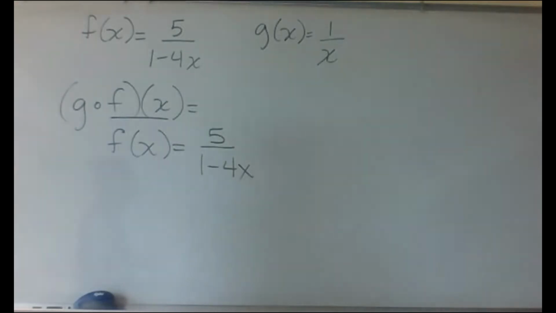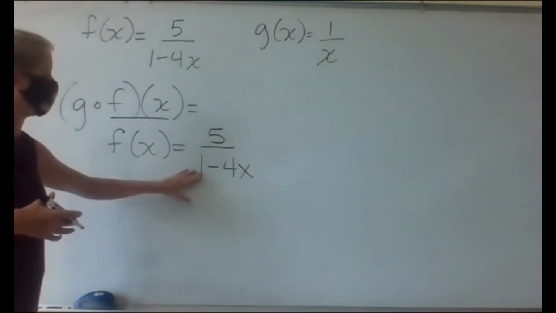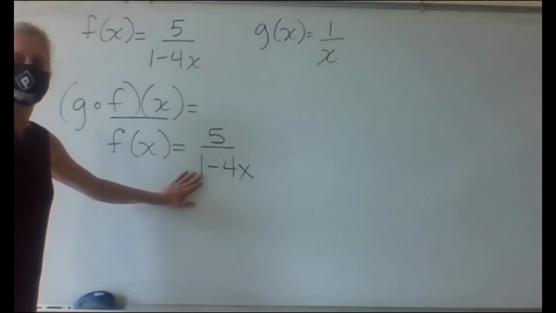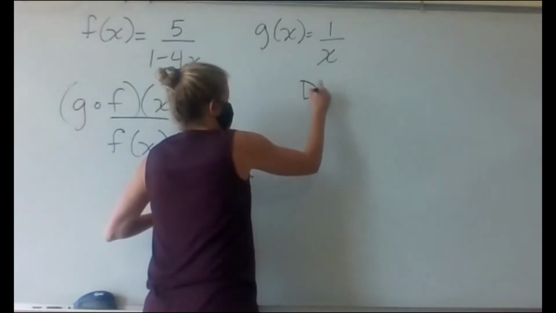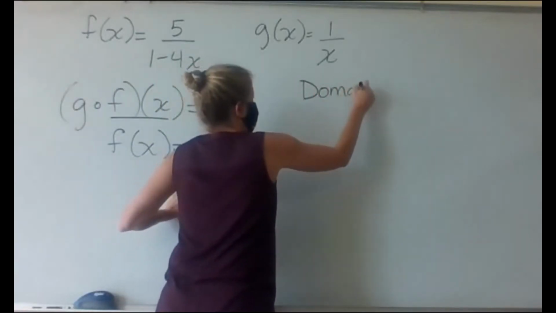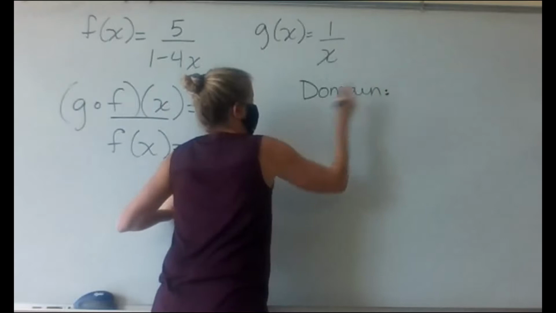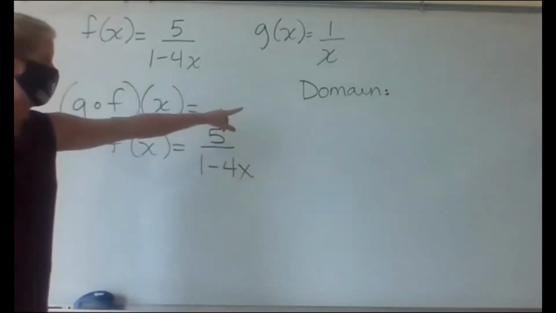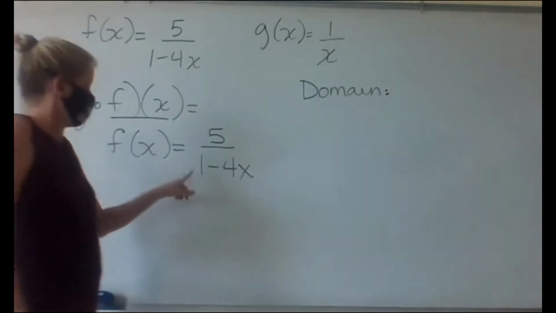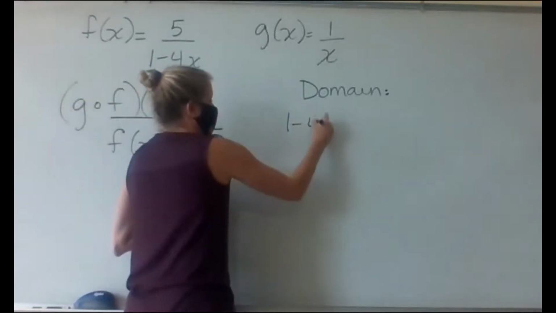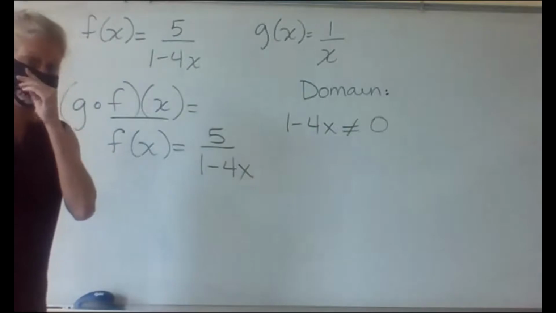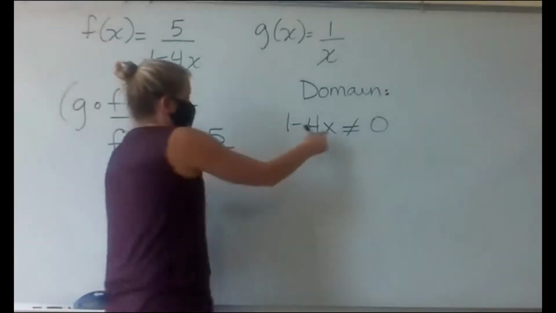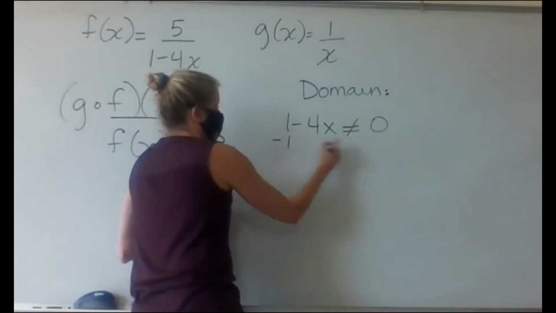Now remember, at this point, you pause, find in the composition and say, does this first part give me any restrictions? In other words, is there an x in the denominator? Yes. So let's keep track of our domain restrictions there. 1 minus 4x can't equal 0. Solve it for this x. So subtract the 1.